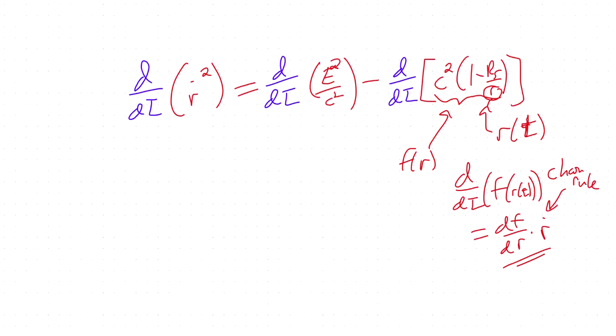So pause, see if you can figure it out. All right, ready? Unpause. I'm going to go through it now. You should get 2R dot R double dot on this side, which is kind of cool.